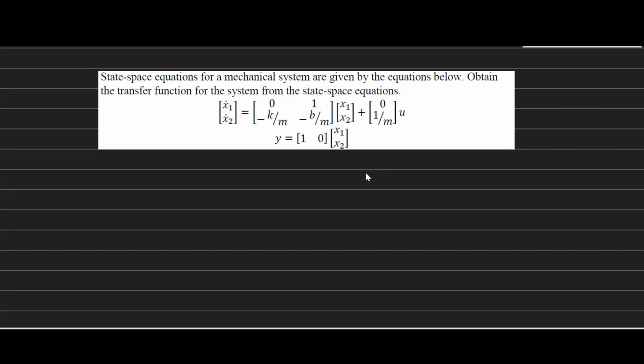So the question reads, state space equations for a mechanical system are given by the equations below. Obtain the transfer function for the system from the state space equations.